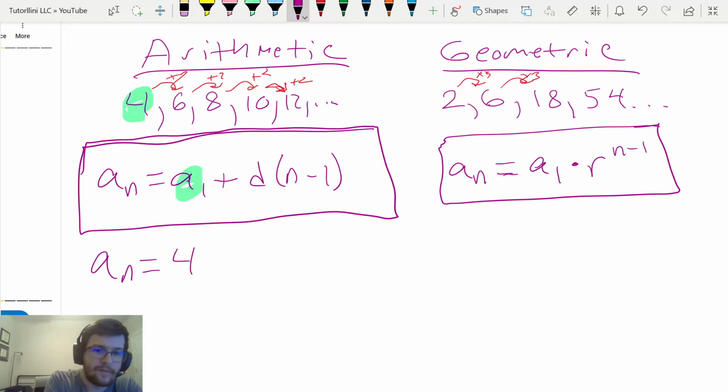It could also be a fraction. Similarly, instead of adding positive numbers in the arithmetic sequence, you could be adding negative numbers. It's the same idea. You could look it up in an Algebra 1 or Algebra 2 book and you'll find lots of problems. So this would be 2 times 3 to the n minus 1, because the common ratio is 3.